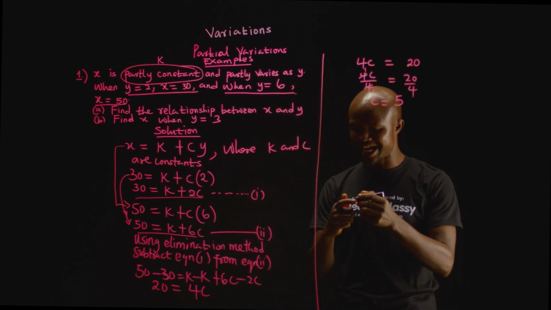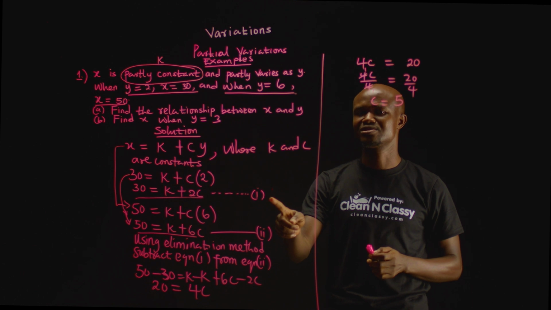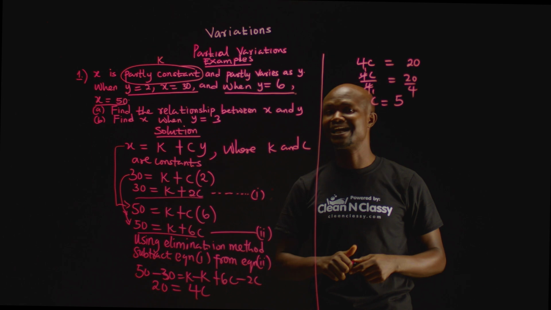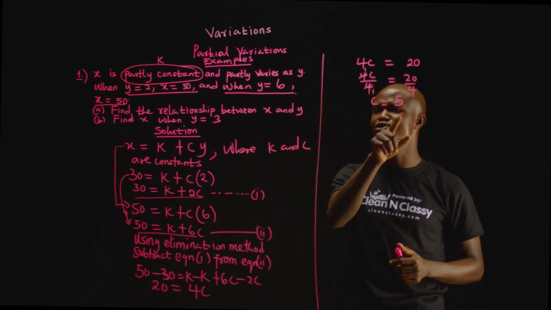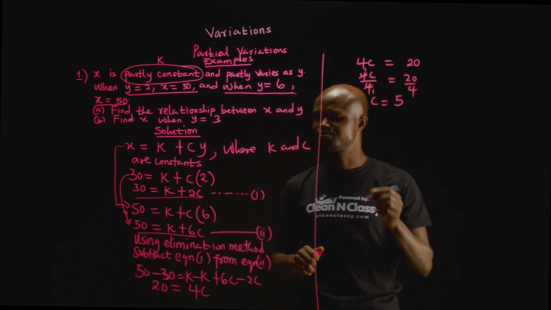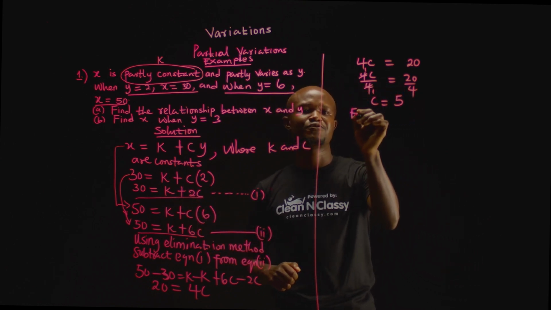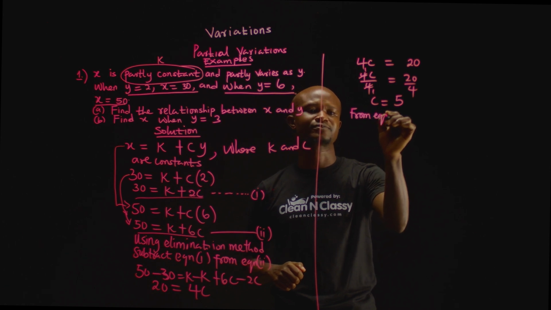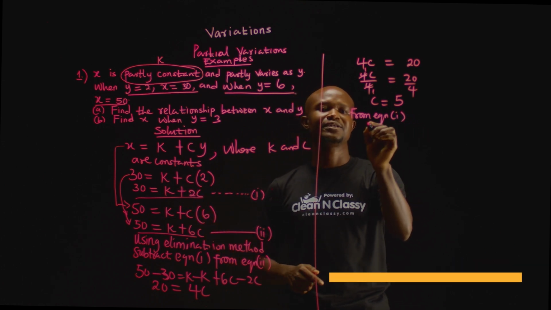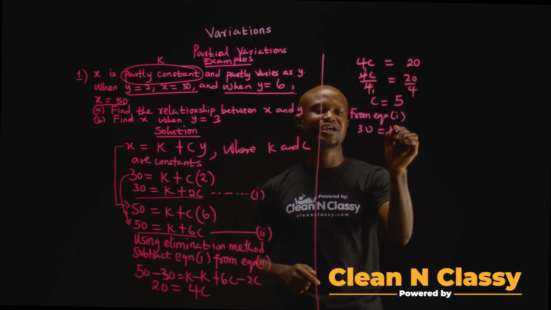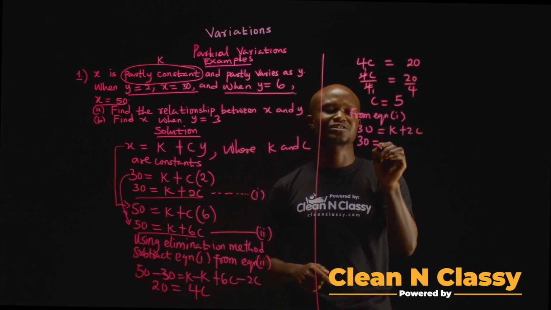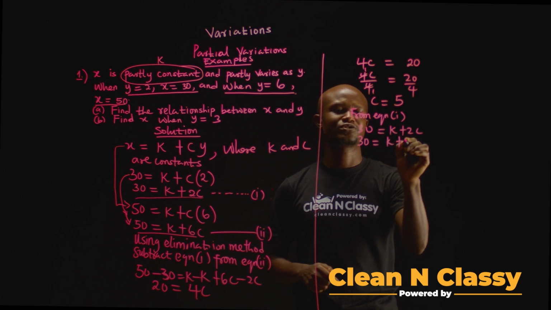We can use either equation 1 or equation 2 to get the value of k, by substituting the value of c. Let me use equation 1. From equation 1, 30 equals k plus 2c.